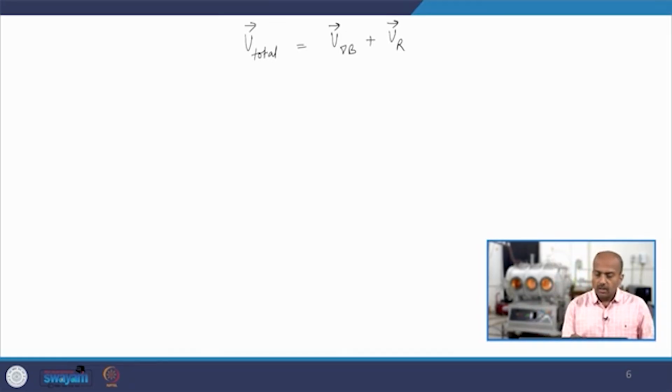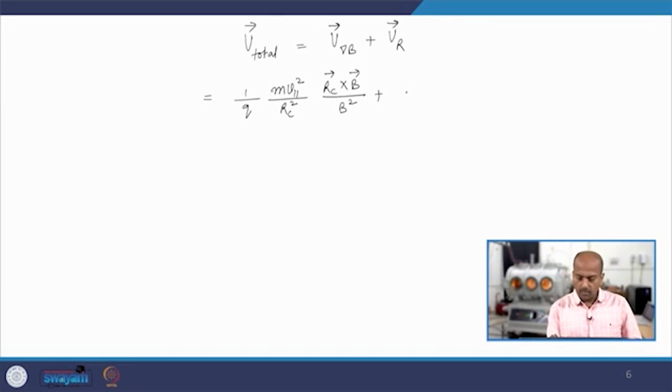How can we write it? The total drift is equal to 1 by Q m V parallel square by RC square times, right.